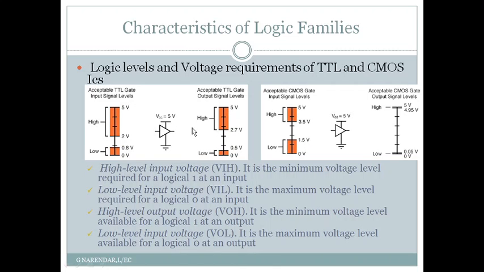If the output signal goes below this, it is not qualified as a high signal. So to qualify an output of a TTL gate as a high signal, this is the minimum voltage and it is normally designated as VOH.